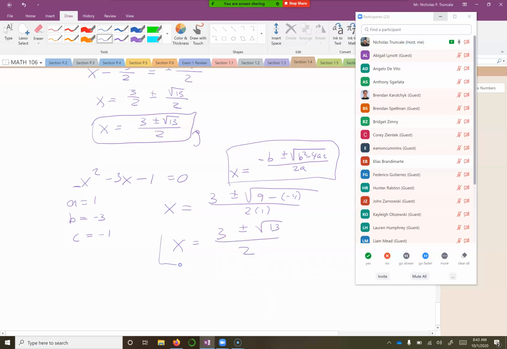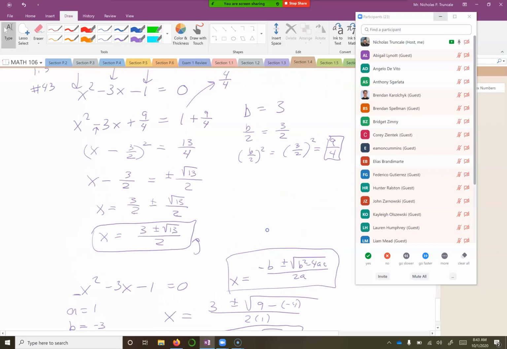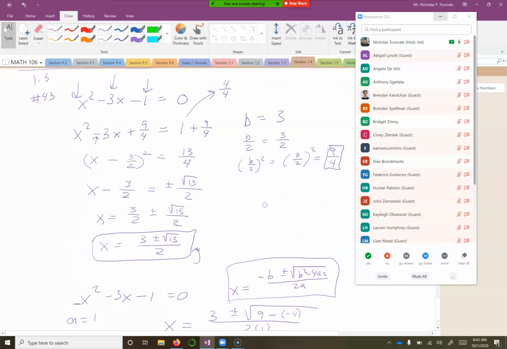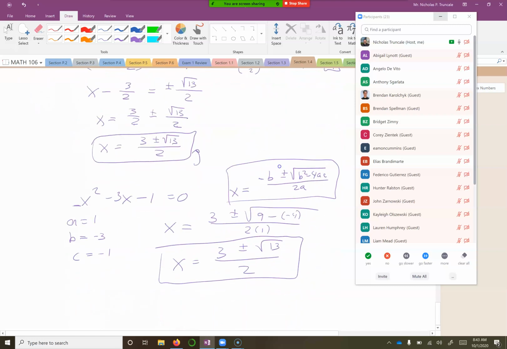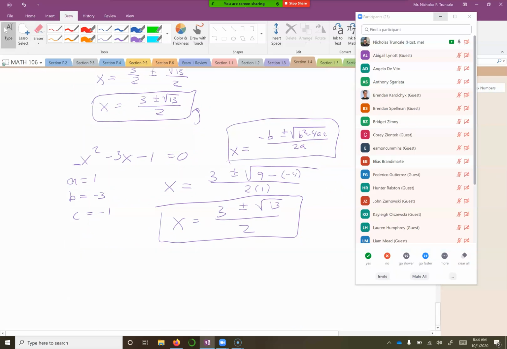So hey, look at that. We matched the answer. Now, you might be asking yourself, well, completing the square was a much more complicated method. Well, it is. But in certain cases, it's simpler. It just happened to be that for this particular equation, it was easier to do it with the quadratic formula.